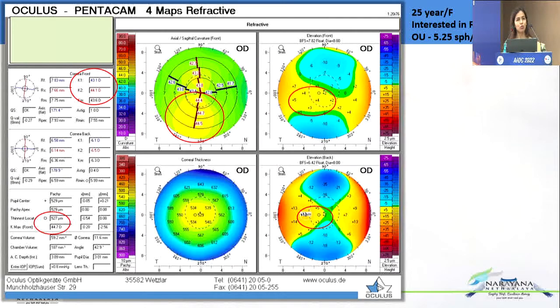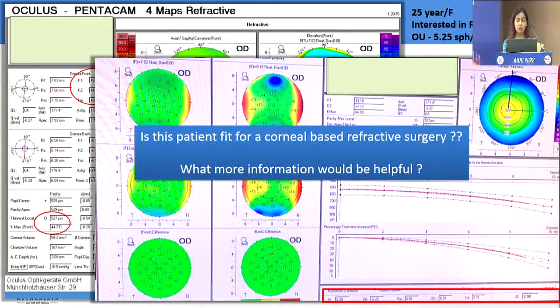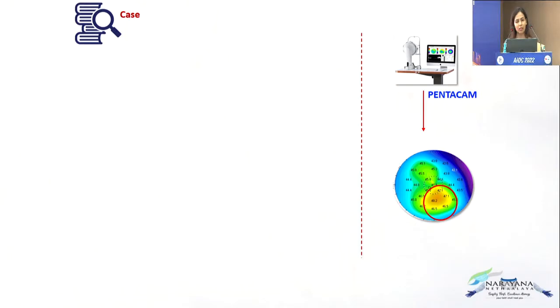But especially when we're starting out, there's a little fear of whether 10 years down the line this patient's going to have a problem. Everything looks great even on the Belin-Ambrosio display. So is this patient fit for a corneal-based refractive surgery, and what additional information would be helpful?